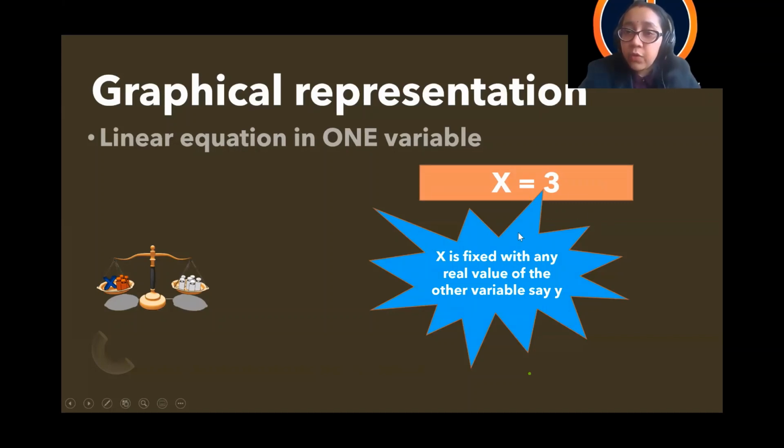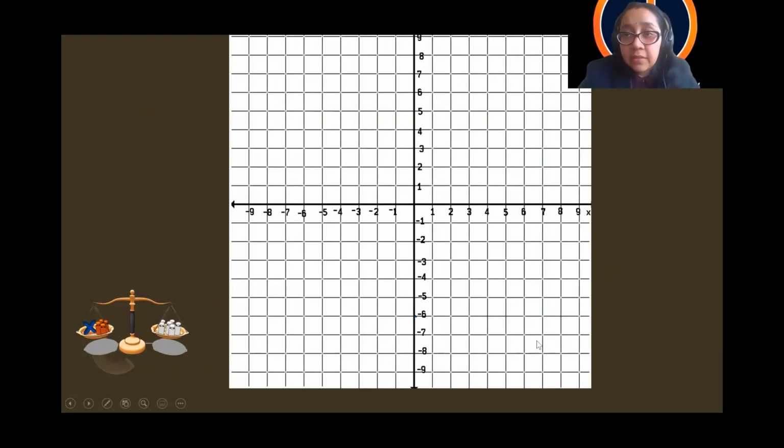So what can you assume? Since the y value is not given, you can assume that the other variable, y, can be anything, but x is fixed. X is 3. So possible points can be (3, 0), (3, 1), (3, 2), etc. Here you can see x is fixed and y is variable.